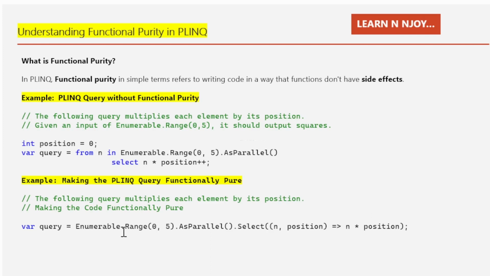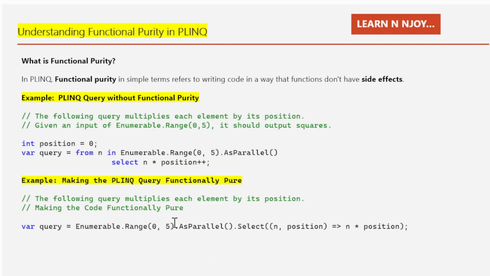Instead, we can use the index version of the Select method, which takes both the element n and its index, position. That's what I have written here: Select (n, position). In this rewritten code, we have eliminated the need to modify any external variables like position, and the code is functionally pure. This simple adjustment enhances the clarity and readability of our code.